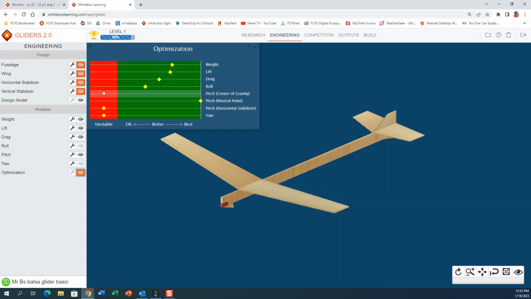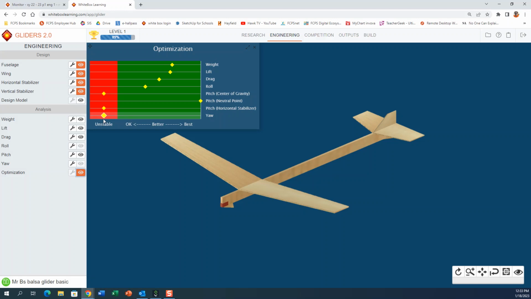Any indicator that is down in the red unstable part means your glider's not going to fly very well at all. Flying machines are different than a vehicle, a mousetrap car, or things like that. Everything on a flying machine has to be working well in order for the machine to fly well.